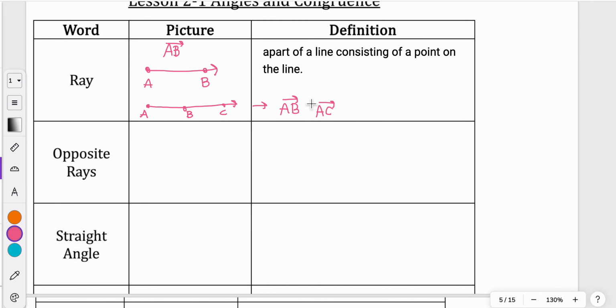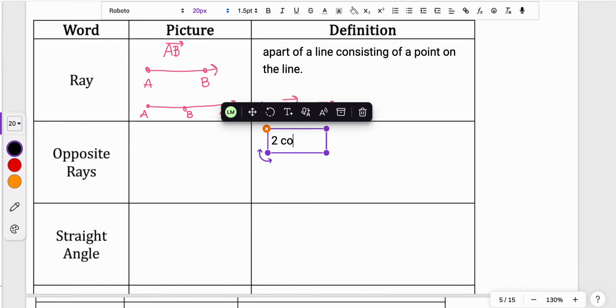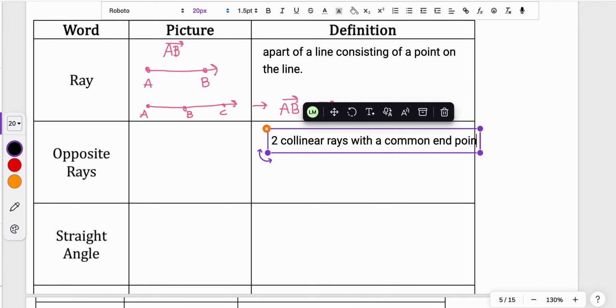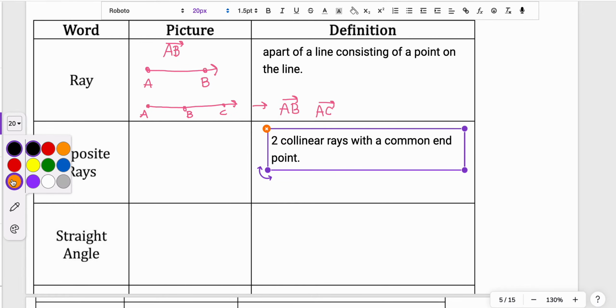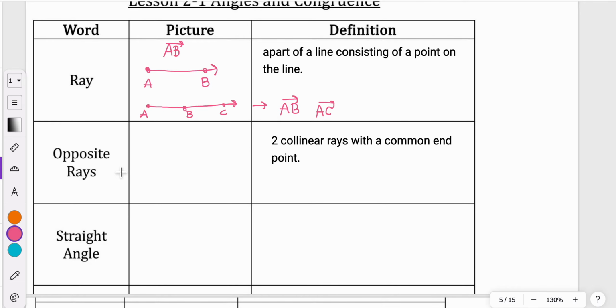Okay. Opposite rays are next. Opposite rays are two collinear rays with a common endpoint. So what that looks like is we have maybe what's going to look like a line, but you're going to have a point in the middle and then your points on the side.